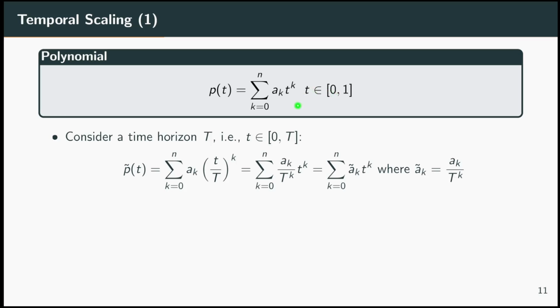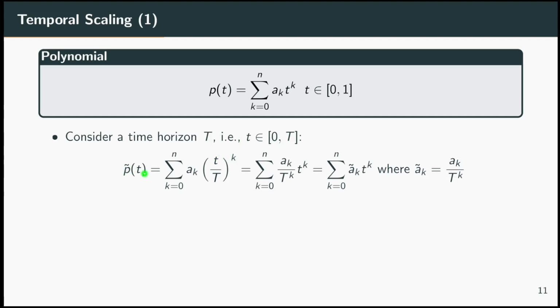And so the question now is, can we also scale it to some other value? One idea would be to just normalize it. So if we instead have some arbitrary time horizon uppercase T, and our t can now be in it, then we can try to transform it.